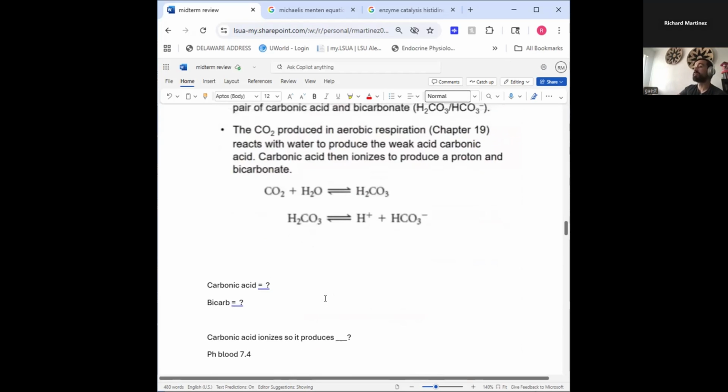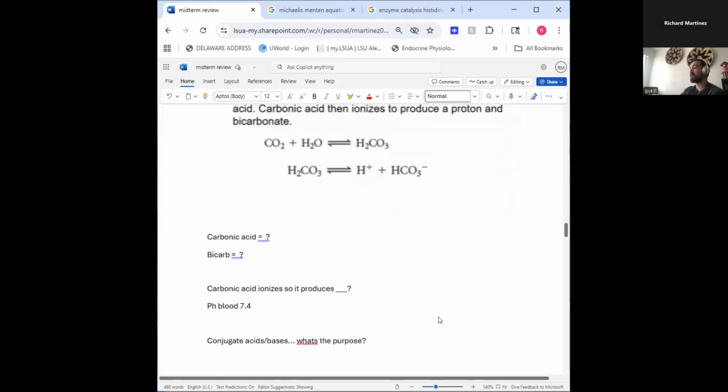When carbonic acid, H2CO3, ionizes, it produces a proton, and then where does it change to? Bicarb. So one more time: carbonic acid produces a proton and bicarb. This could go back and forth, back and forth, right?